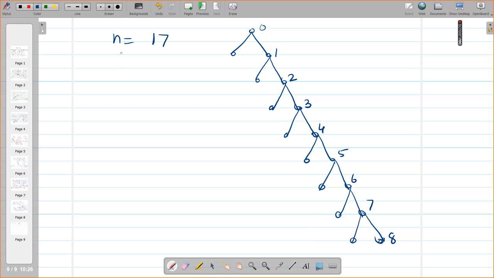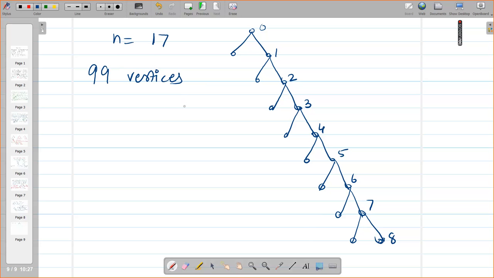But if I tell you to draw a binary tree on 99 vertices and tell me the height, is it a good idea to draw the actual tree and count the height? No, ma'am. When you have many vertices, when the number is very big, we should not draw.